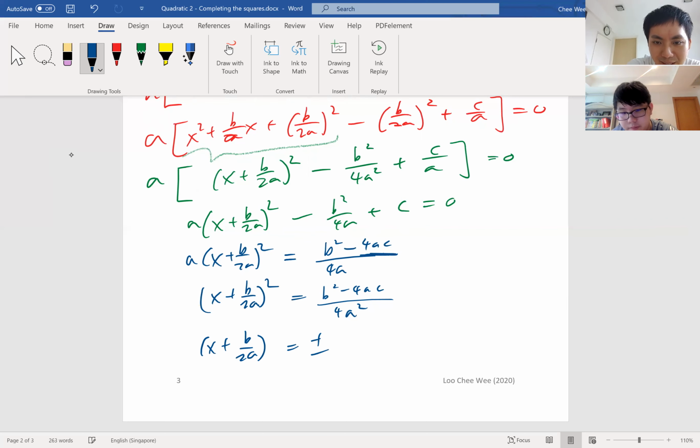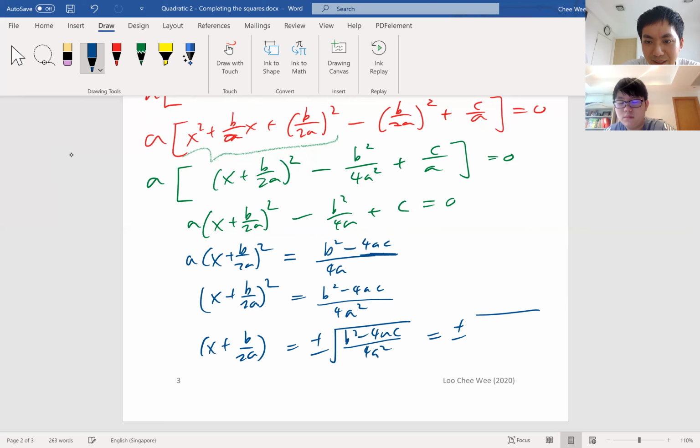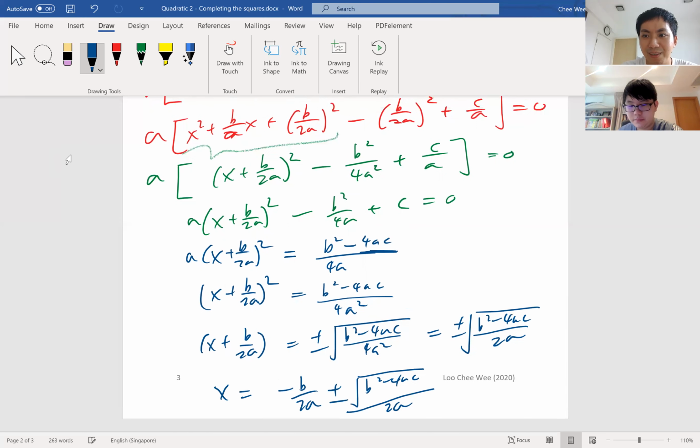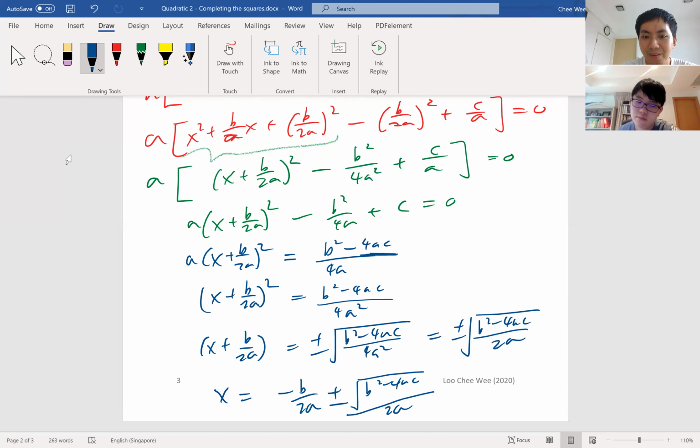So it's plus minus square root of b squared minus 4ac over 4a squared, right? And the square root of 4a squared will give you 2a. So this is b squared minus 4ac over 2a then. Get it? And then the x is therefore minus b over 2a plus minus square root of b squared minus 4ac over 2a. And that's the answer then. That's the quadratic formula actually. So this is how it's derived.